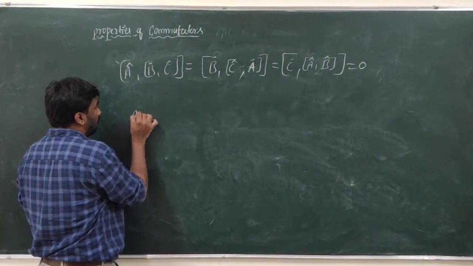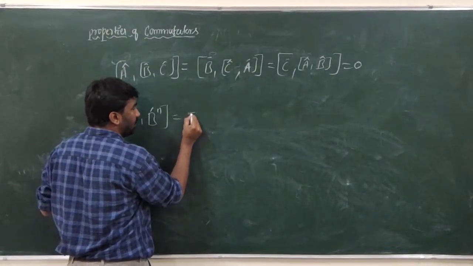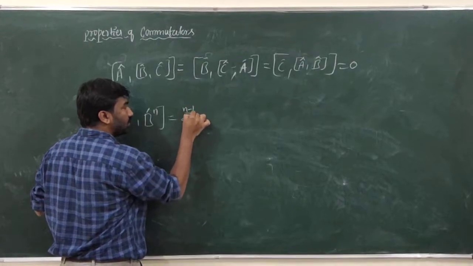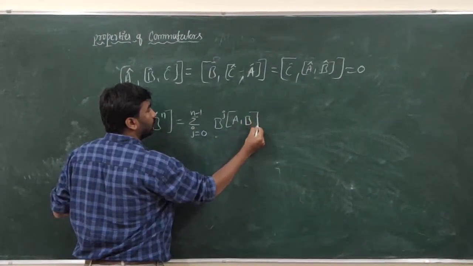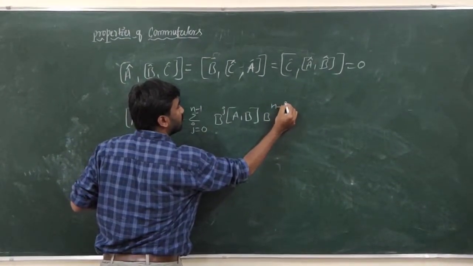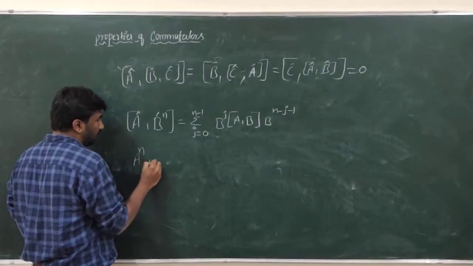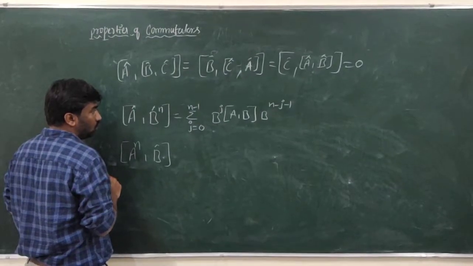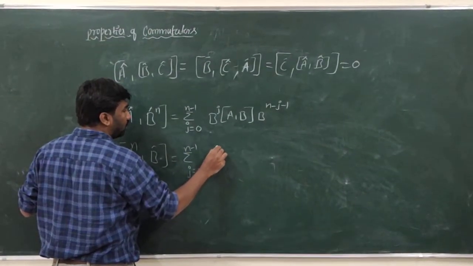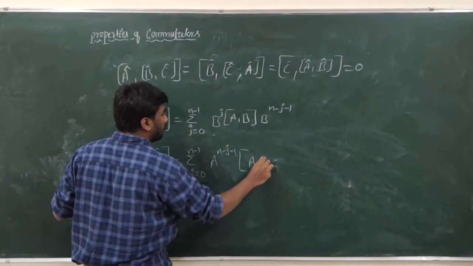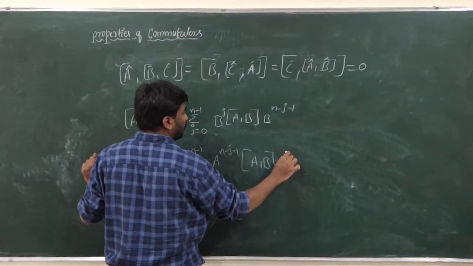Next, [A, B^n] is equal to the summation from j = 0 to n minus 1 of B^j [A, B] B^(n-j-1). Next, [A^n, B] is equal to the summation from j = 0 to n minus 1 of A^(n-j-1) [A, B] A^j.